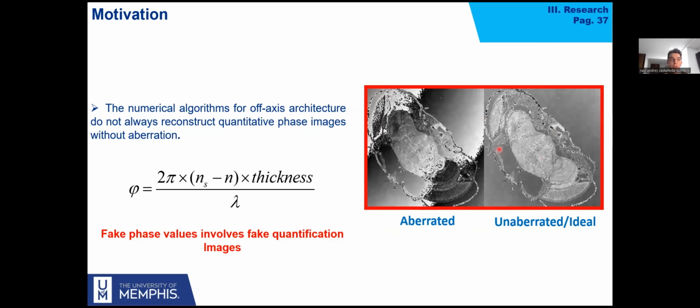So in this image, we can notice two phase reconstructions. The image on the left is a reconstruction where there are aberrations. They are aberrations because these terms are fake values for the phase, right? And in the image on the right, we have the ideal case, that is a reconstruction where there are no aberrations, right?